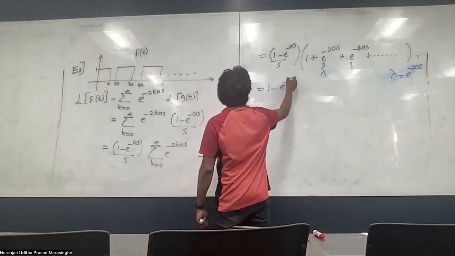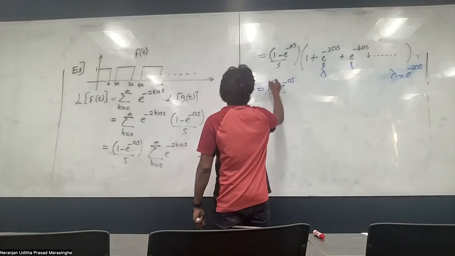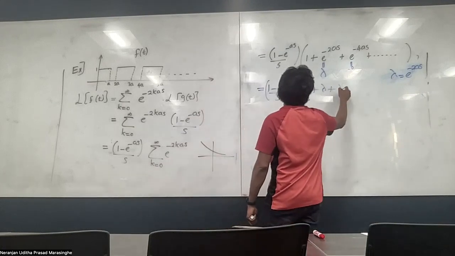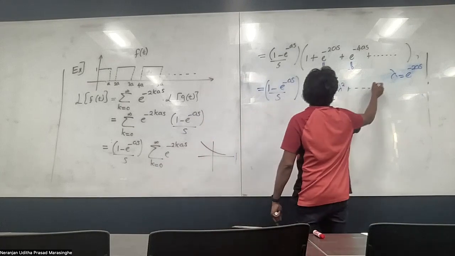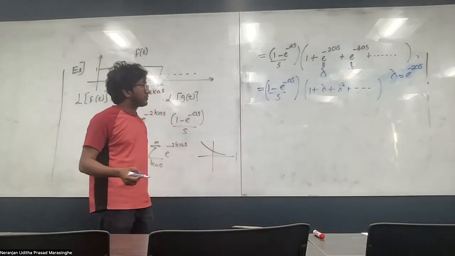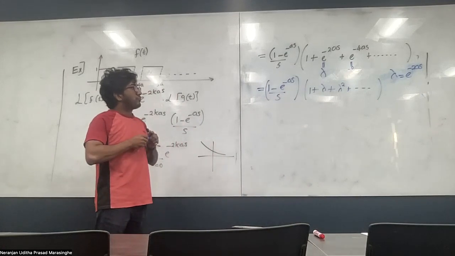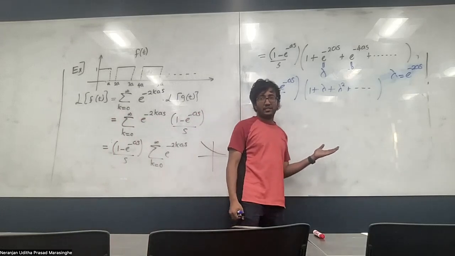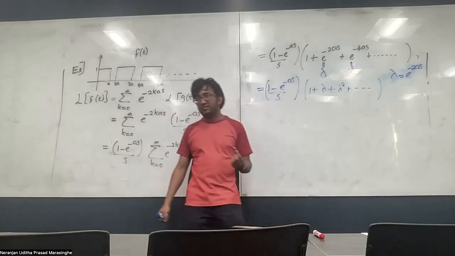(1 minus e to the minus as) divided by s, times (1 plus lambda square plus) like that. Okay. From your knowledge of geometric series, what is this summation?